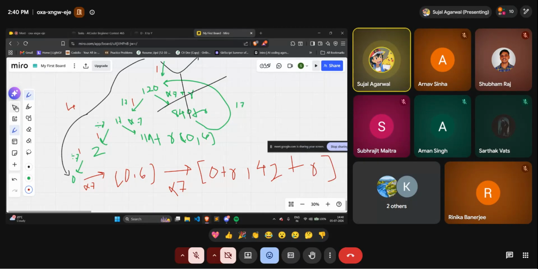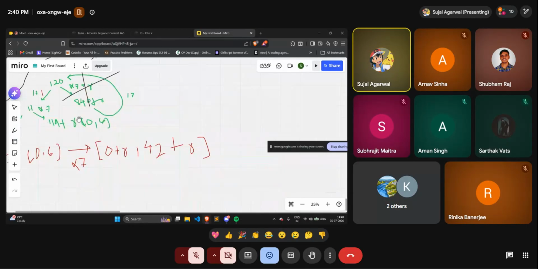Now, as we are forming a range, we need to look for the minimum and maximum values of this. The minimum value for this range can be when r, the remainder taken over here, is 0, so we take a 0 over here. And for the maximum, when r is 6, 42 plus 6 gives me 48.